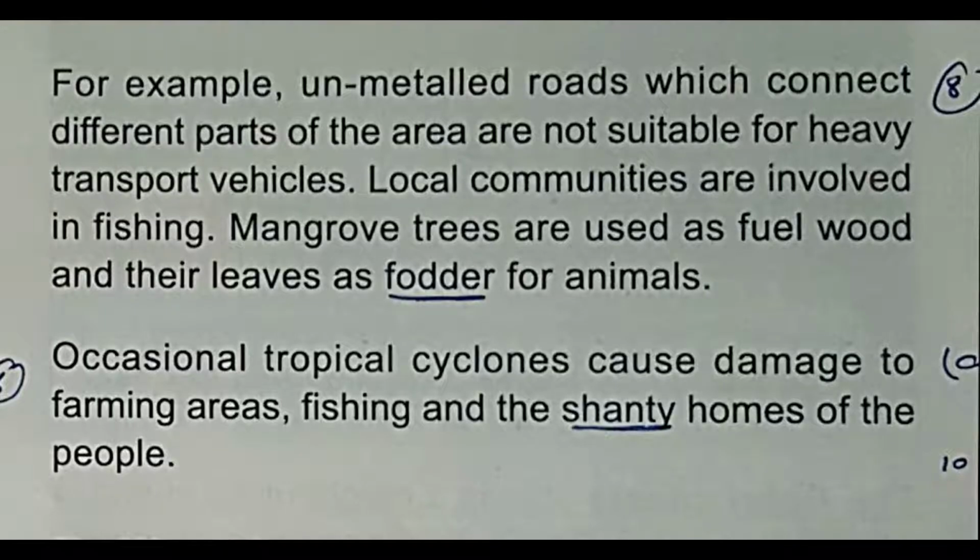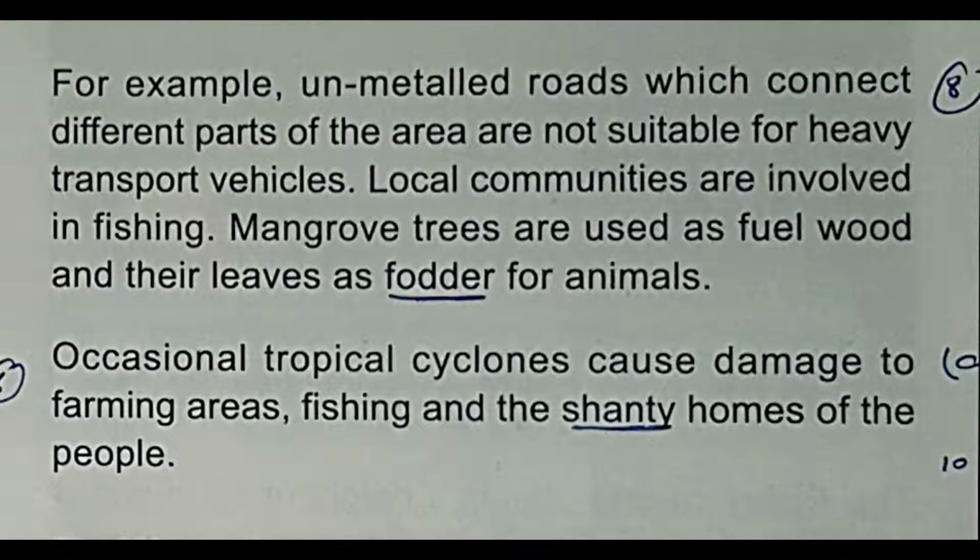For example, unmetalled roads that connect different parts of the area are not suitable for heavy transport vehicles. Local communities are involved in fishing. Mangrove trees are used as fuel, wood, and their leaves as fodder, food for animals.